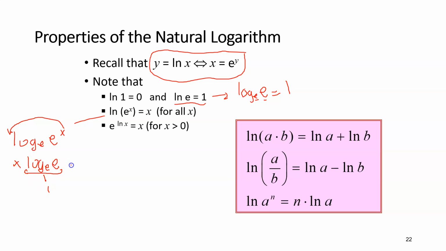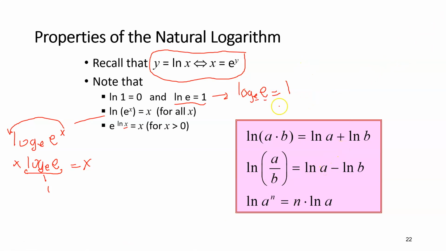That's why x times 1, you get x only. And e to the power ln x equal to x. Bila exponent bertemu ln, dia akan cancel out. Yang tinggal cuma x saja. Sama juga, bila ln bertemu exponent, yang tinggal hanya x saja. Okay.